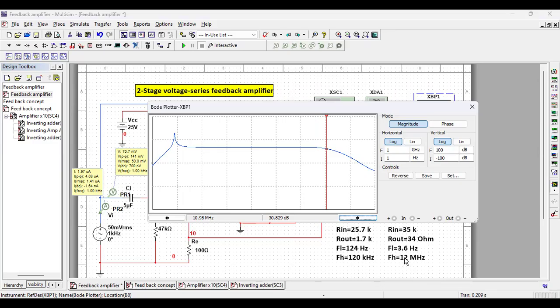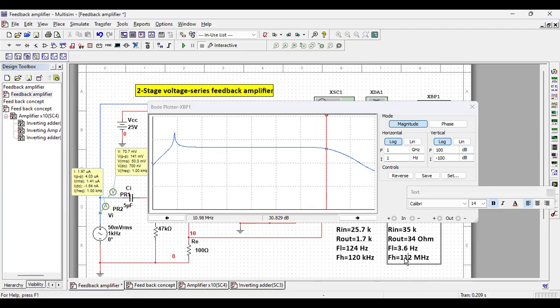So this has become 10.98, say 11 megahertz. Earlier open loop gain, upper cutoff was only 120 kilohertz. It has increased to 11 megahertz. This is a fantastic improvement.